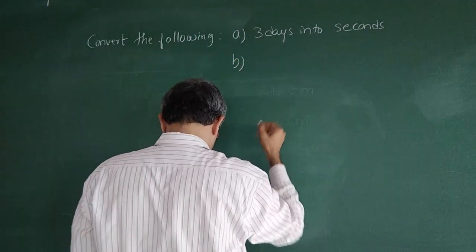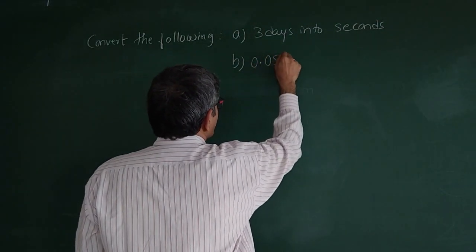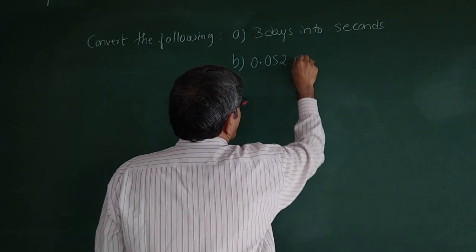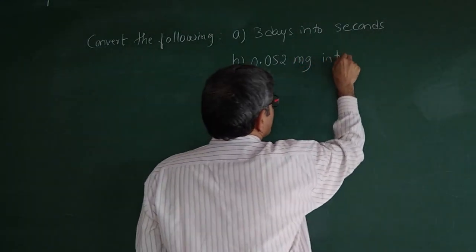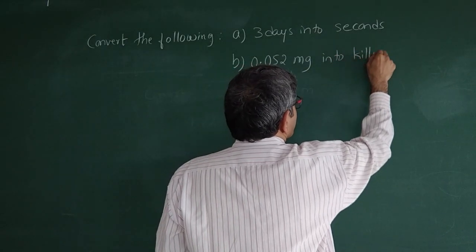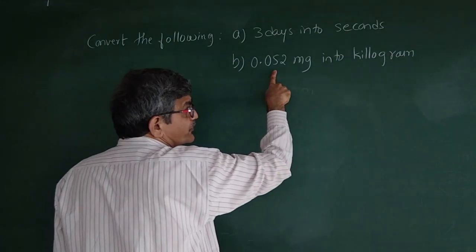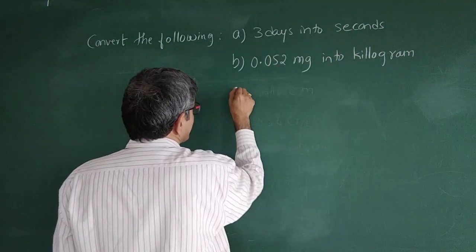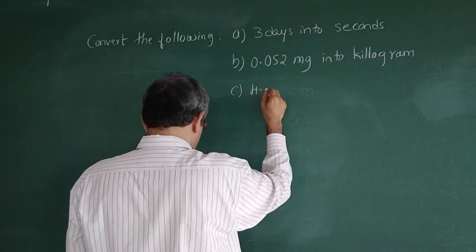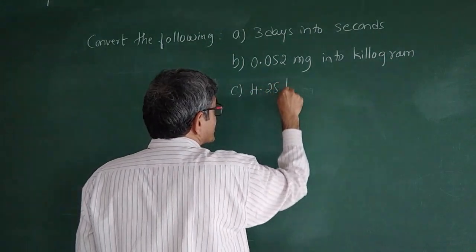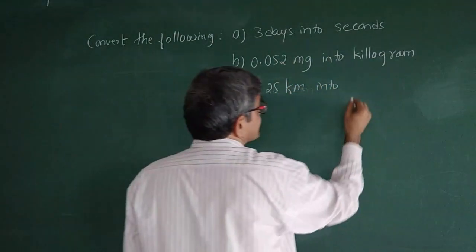Second, 0.052 milligrams into kilogram. Convert 0.052 milligram into kilogram. Third, 4.25 kilometer into centimeter.